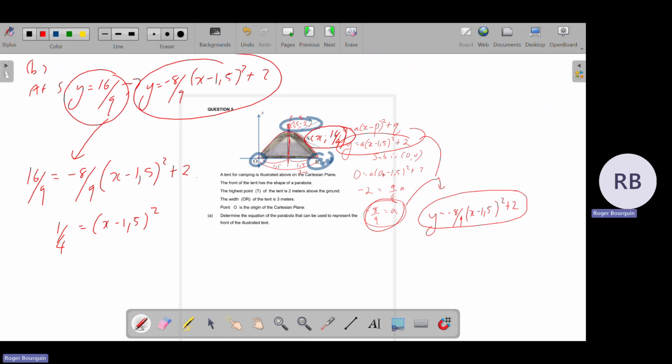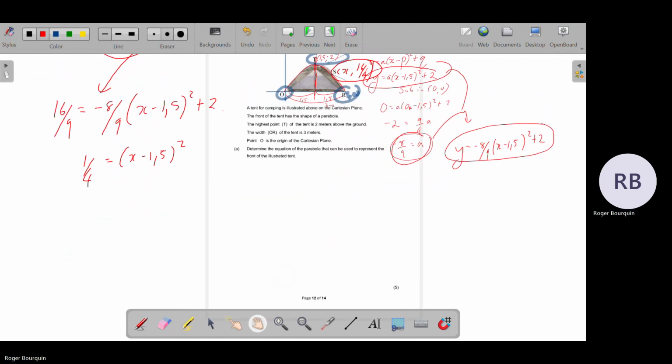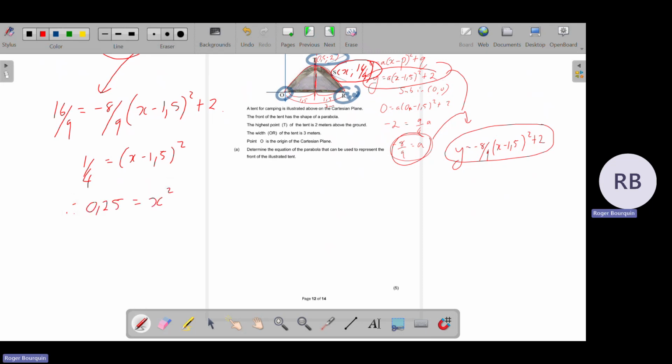Okay, what did you guys do? Did you remove the square, or did you square it out and then use equation mode? Square it out. Okay, so if you square that out, you're going to get 0.25 is equal to x squared minus 3x, because you times those together and times by 2. And then 1.5 squared is 9 over 4, which is 2.25.